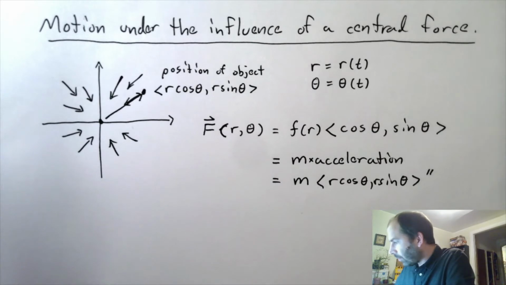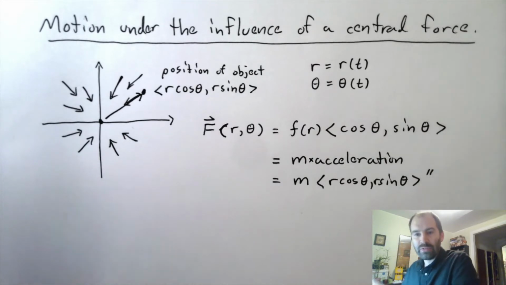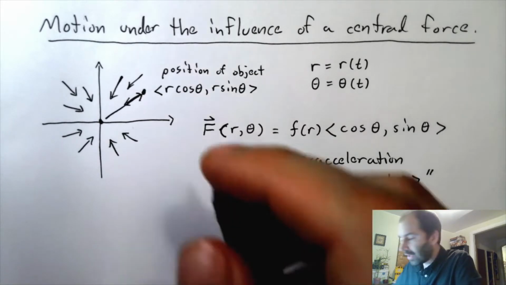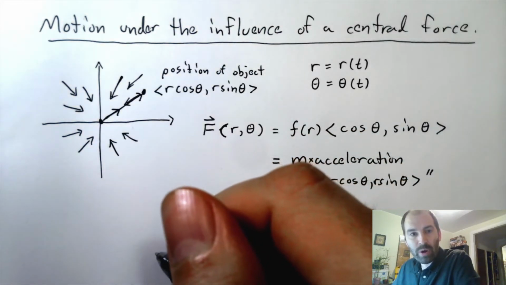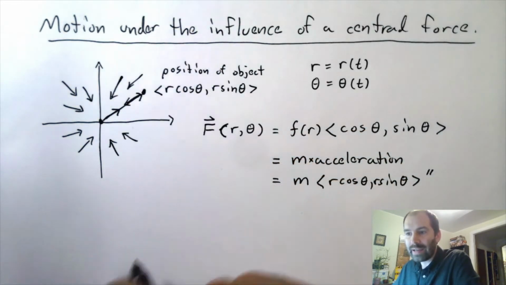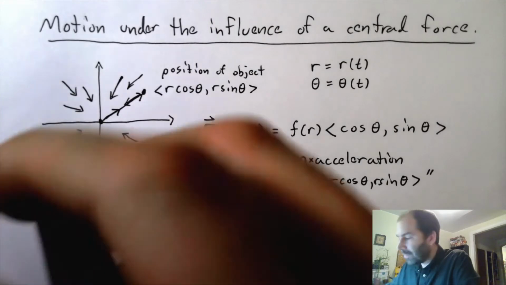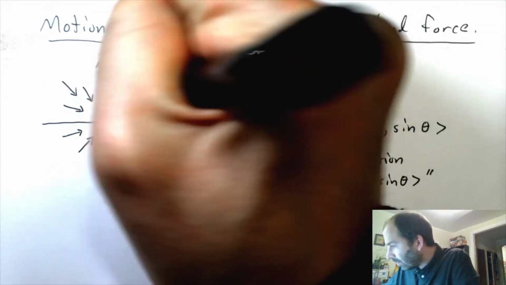So how are we going to take care of all this? Well, one useful thing to do is write everything in terms of a frame of unit vectors. We're going to pick two useful unit vectors and write everything in terms of those. One unit vector is going to be the unit vector pointing out this way. It's a vector of length 1 pointing directly at our object, which we're going to call E1.